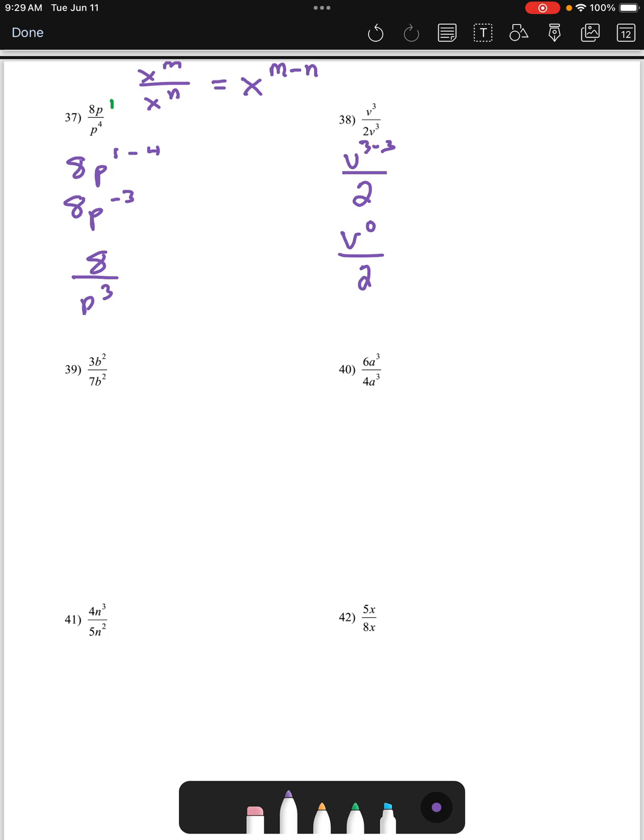So what is v to the 3 minus 3? Well, that's v to the 0. And anything to the 0 power has a value of 1. So actually, we lose our variable here, and we wind up with 1/2.